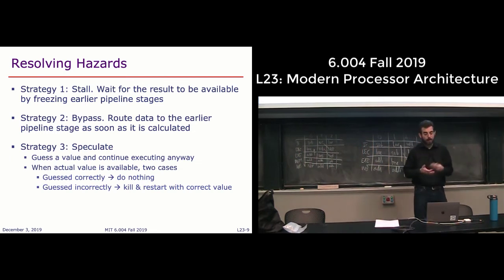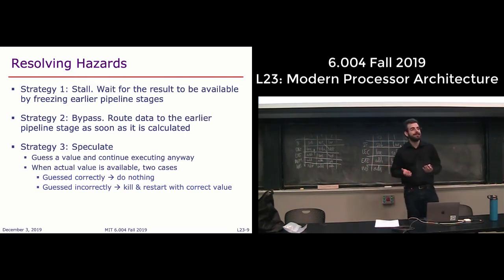That's why bypass paths help performance, because they allow us to route, for example, the output of an instruction in the execute stage to the input of an instruction in the decode stage before that result shows up in the register file.